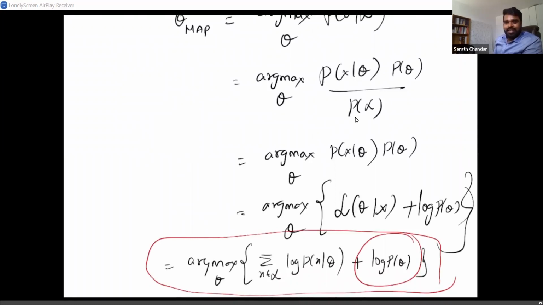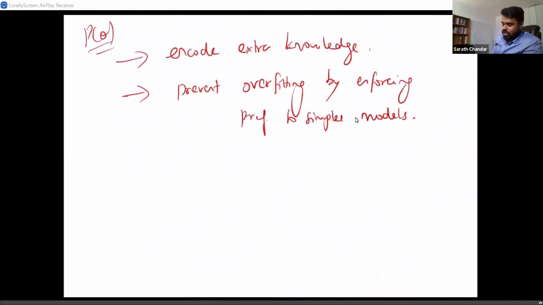Regularization, right? In the case of regularization, you had maximum log likelihood plus L2 regularization or L1 regularization. Now, what exactly was regularization doing? It was actually trying to prevent overfitting by preferring simpler models. When you do L2 regularization, the preference is to have as small magnitude as possible.